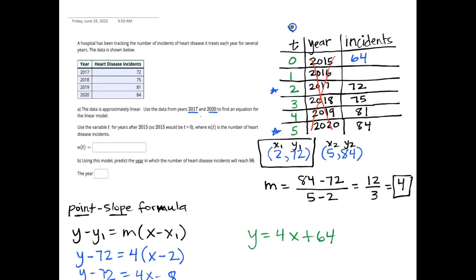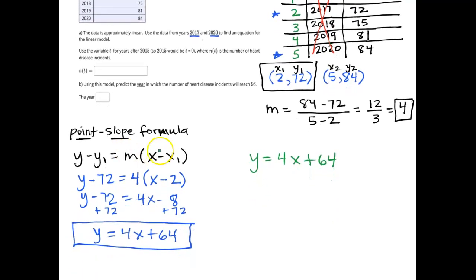So this is kind of my x, right, and this is my y, if I'm thinking about it in terms of x and y. So I'm going to plug that 96 in place of my y, which is the number of incidents, and then I'll solve for x to figure out how many years after 2015 it's going to take, right?